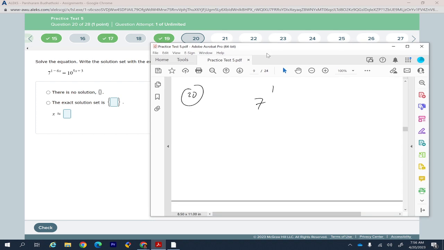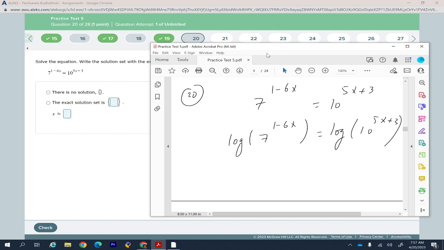There is a 7 to the power 1 minus 6x, and there is a 10 to the power 5x plus 3. Because there is a base 10, I'm going to take LOG of both sides. Remember, log stands for log base 10.